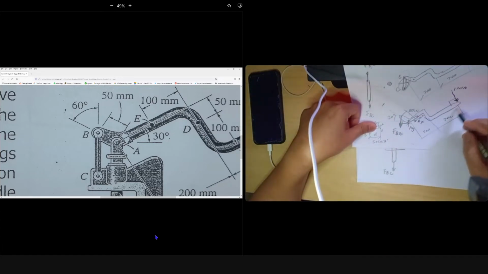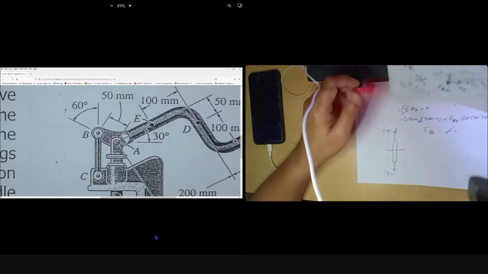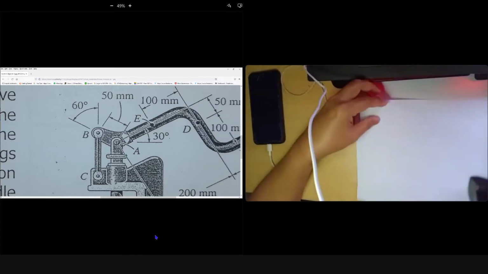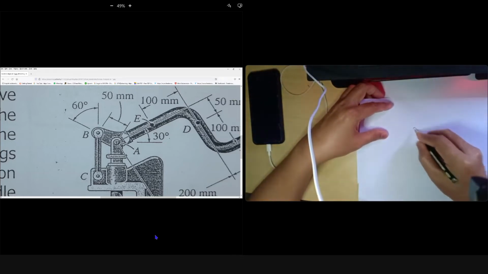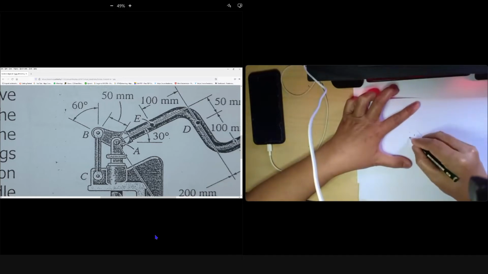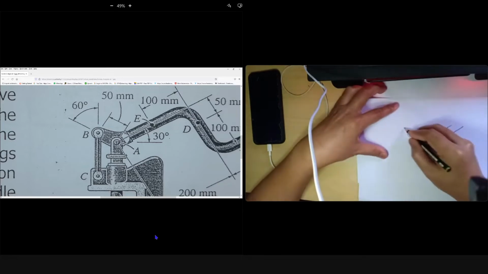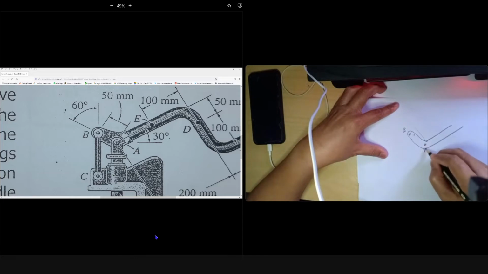So 120 times 500, and this one, can you see it? I zoom in on that portion, look at my sketch. This distance from the pivot at A is given in the diagram.